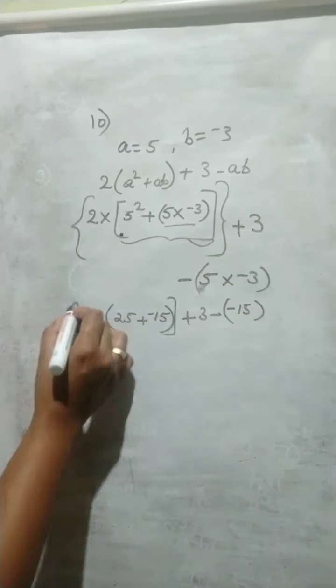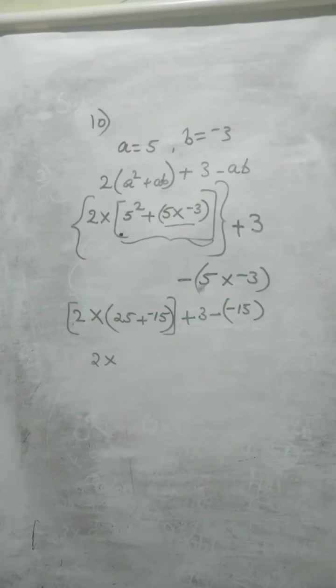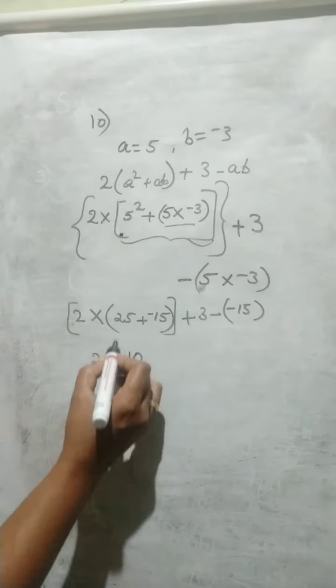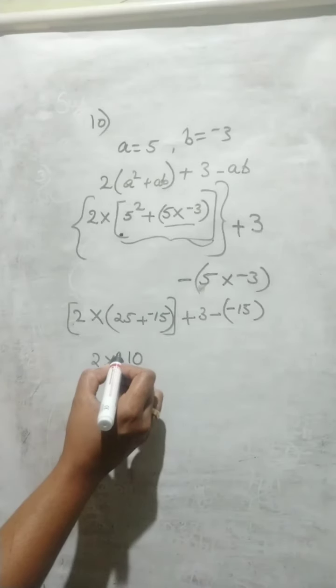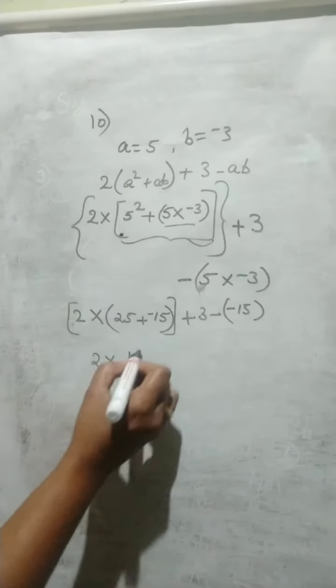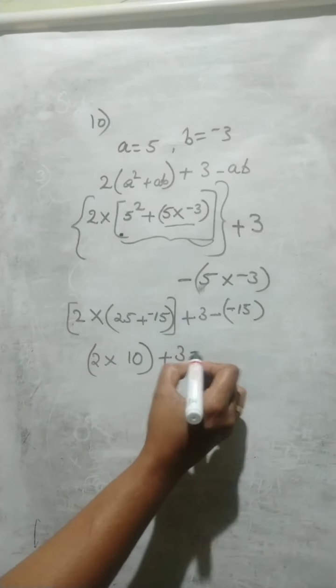Got it? Then 2 times 25 plus negative 15. One is positive, another one is negative. We have to subtract these numbers. 25 minus 15, that is 10. The greatest number is 25. Sign is positive. So 2 times positive 10. Okay. Plus 3 minus will be plus 15.